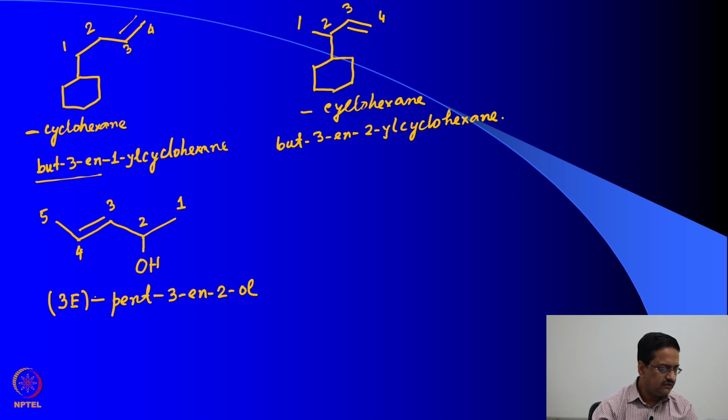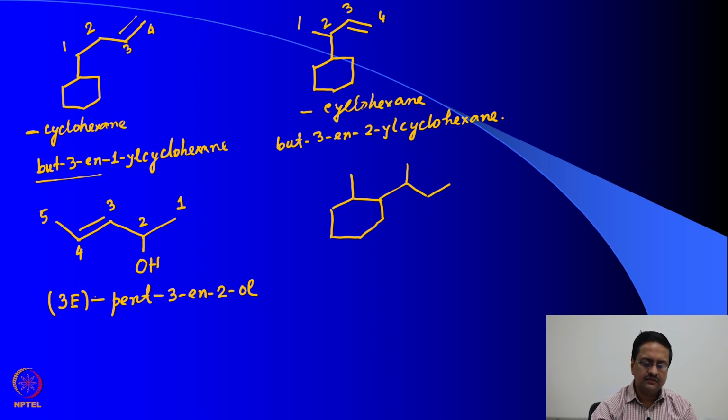And then we try to name another molecule which is similar to the previous two, but it has two different substitutions, one methyl group and a second one as a side chain like that, which is a butane or butyl group. So, what we should do here, this is a cyclohexane, but then we need to identify the carbon atoms of cyclohexane by numbering, because there is more than one substitution on the cyclohexane ring.